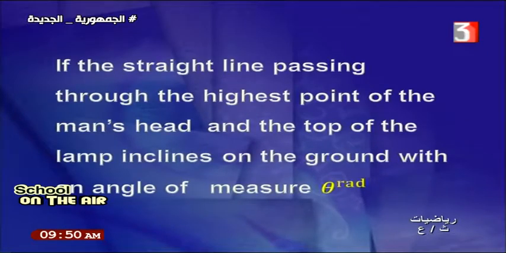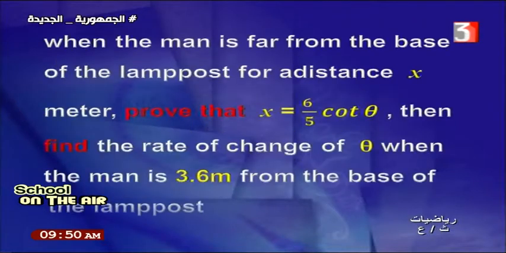If the straight line passing through the highest point of the man's head and the top of the lamp inclines on the ground with an angle of measure theta degrees when the man is a distance x meters from the base of the lamppost, prove that x equals 6/5 cot theta. Then find the rate of change of theta when the man is 3.6 meters from the base of the lamppost.